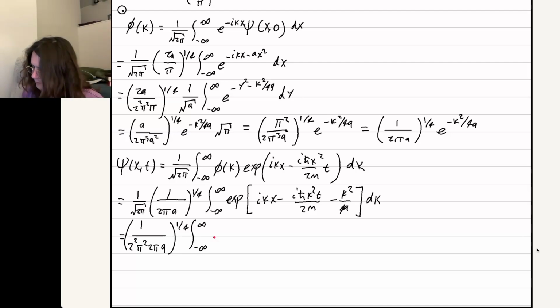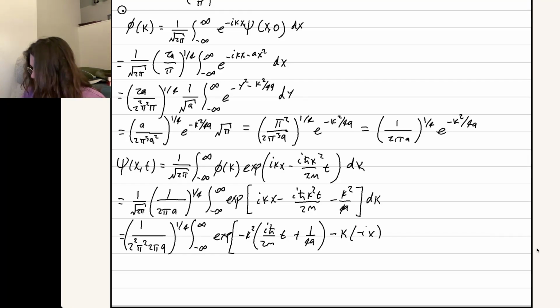And then the integral, we're going to split it up into things which depend on minus k squared, which here look like i h bar over 2m times t plus 1 over 4a. And then we're going to get some stuff which depends on minus k, and then we have minus ix in there. And that's what we are integrating.